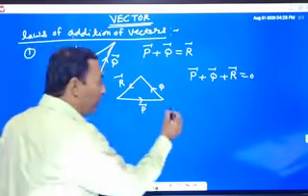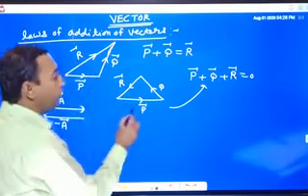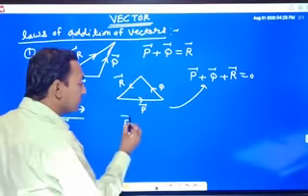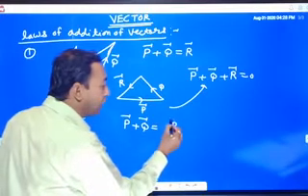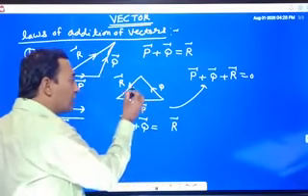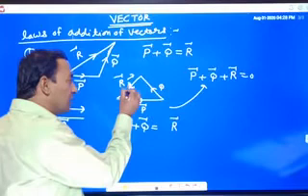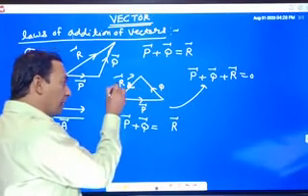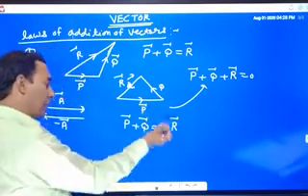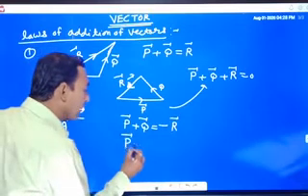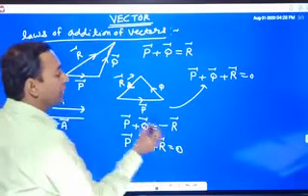Now by the triangle law, P vector plus Q vector equals R vector. But the arrow is actually in the opposite direction, so if we want to reverse it, we take minus R. Then taking the minus sign to the left-hand side, minus becomes plus.